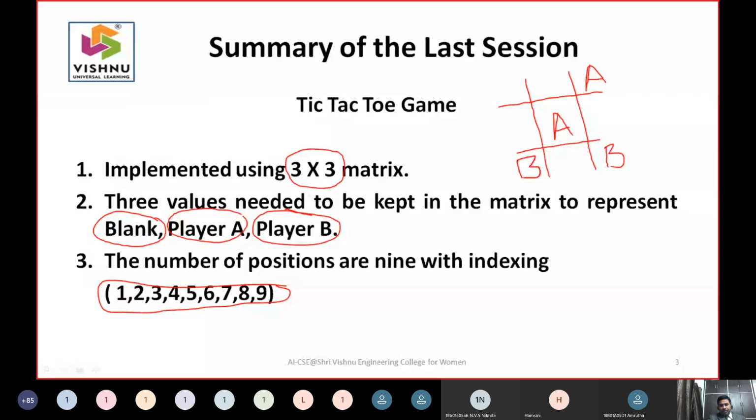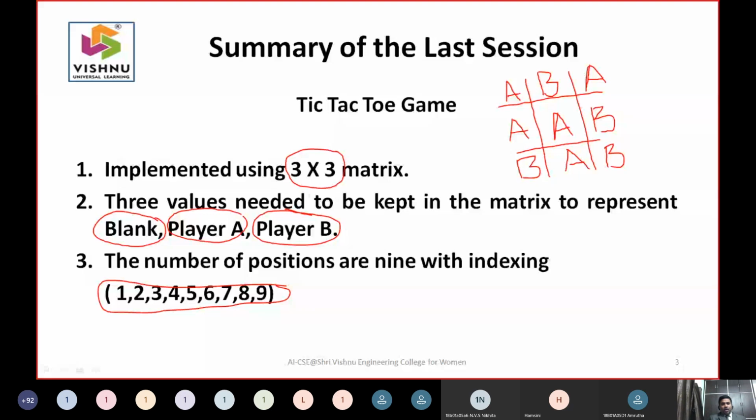Again, there is a chance that B can win row-wise, so A keeps itself here. There is a chance that A can win in this second column, so now the turn is B, and B can be kept here. To win, the next strategy is that we keep this A here. Every time B plays, it has to defer the winning of A, so B will be kept here. Slowly, there is only one option left, A can play here. The output is a tie.